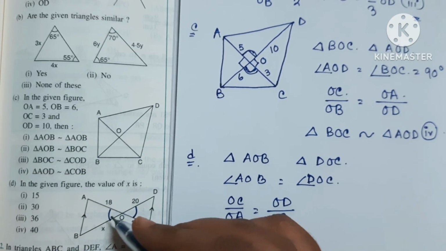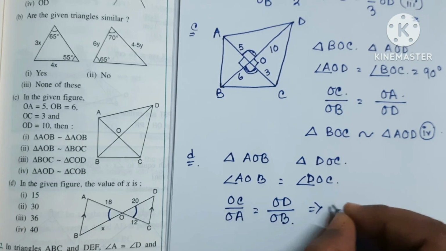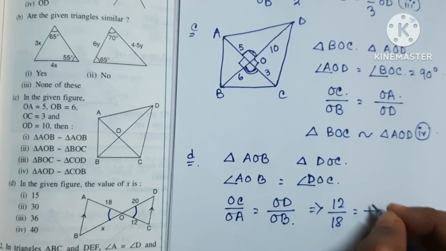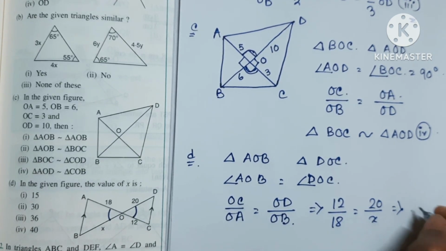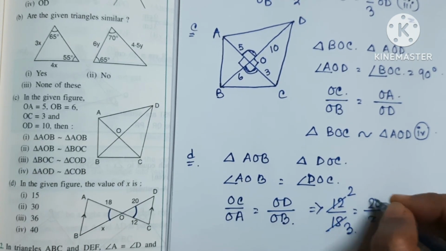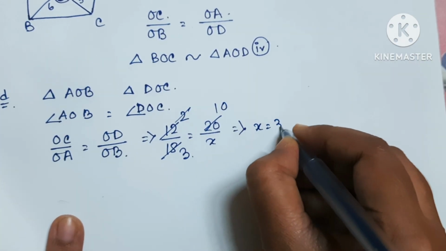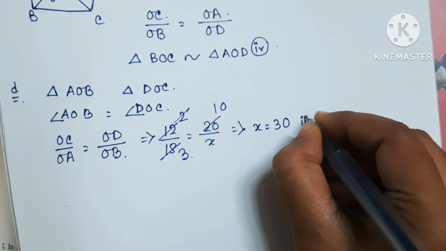If these two triangles are similar, then this will happen. Now that means 12 by 18 is equal to 20 by x. Now 12 by 18 means 2 by 3. So x equals 30. So option 2 is the correct answer.